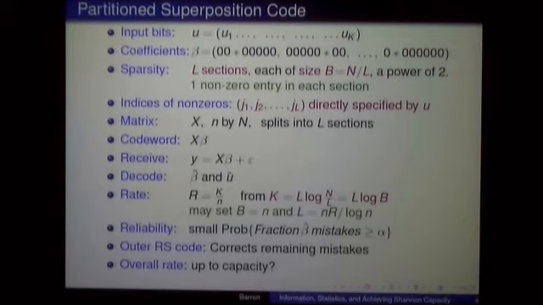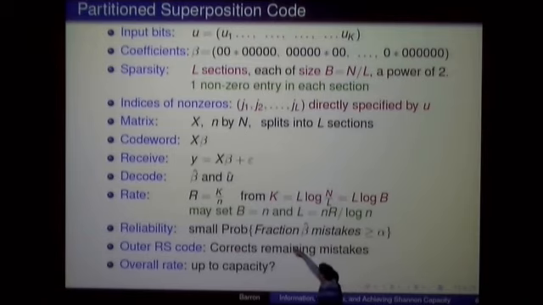The matrix also splits into such sections. Now there are, of course, B choices from each section. There are L sections, so you have B to the L code words altogether, or K is L log B, and that gives the relationship between the fundamental parameters of the problem.